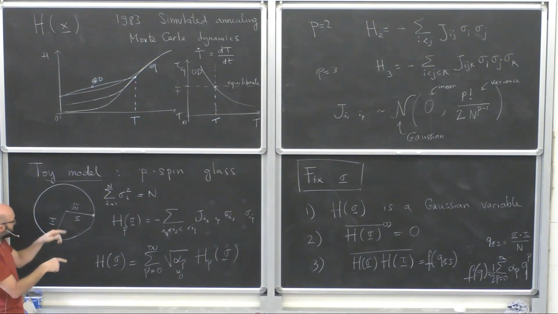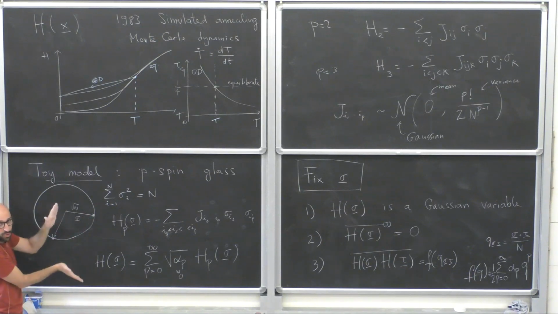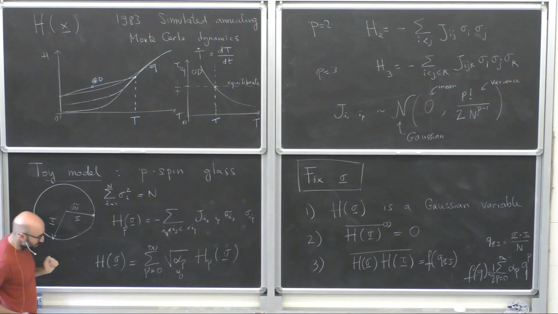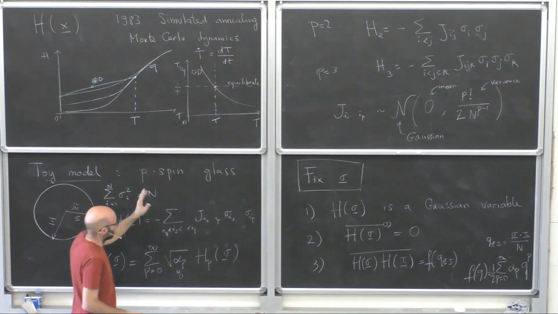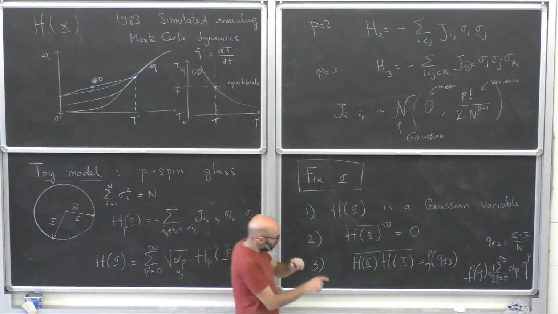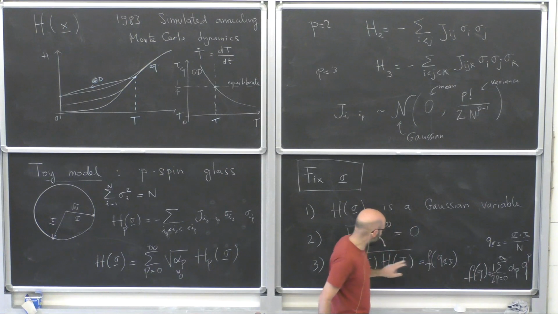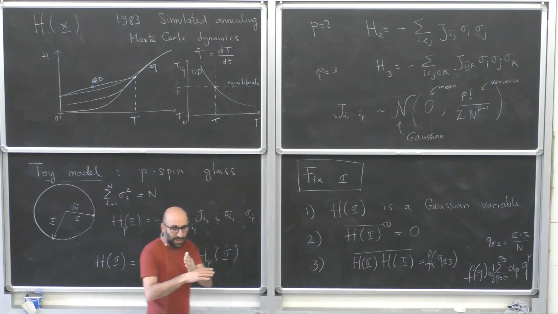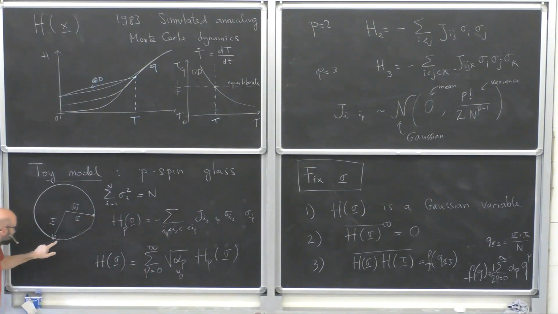If the two configurations are very far, for example if they are orthogonal, which is the farthest you can be on the sphere, well, you can be on the other side, but there is a symmetry here. So anyway, if they are orthogonal, q is equal to 0, and so the covariance is 0, which means that the two Hamiltonians of two configurations here and here are essentially uncorrelated.